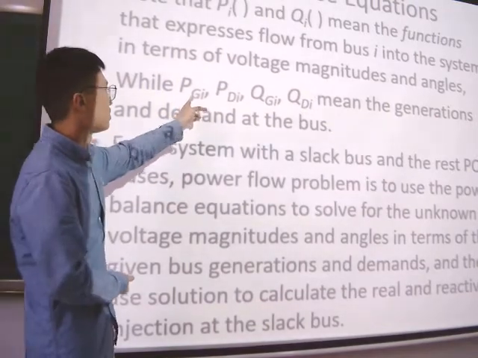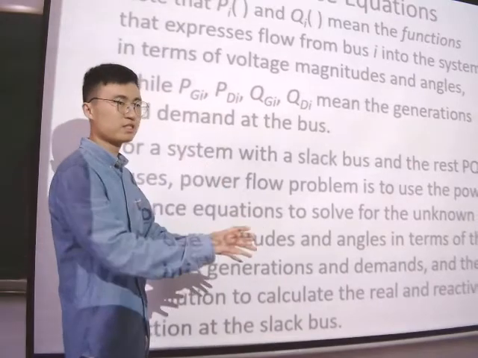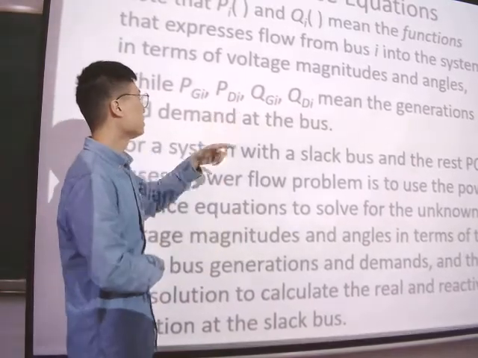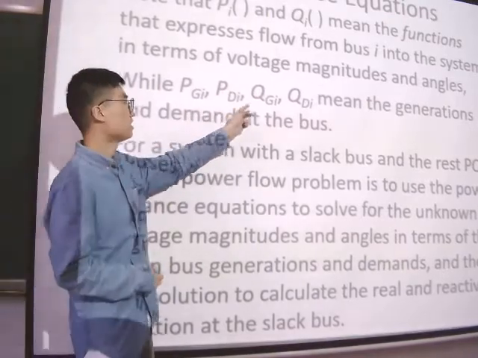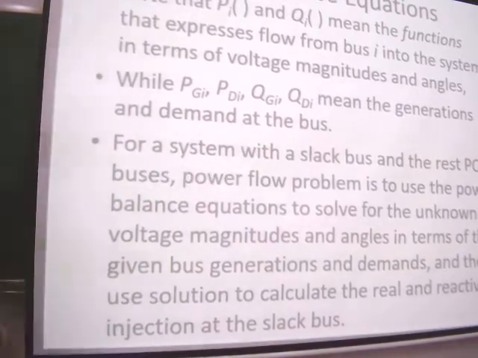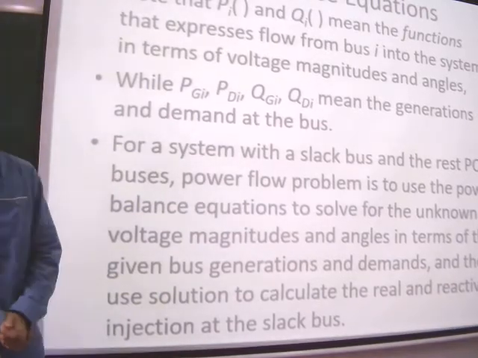And we also know that G and D: G means the generation, supplying the power flow, and D means the demand, receiving the power flow. Two different types of power flow.